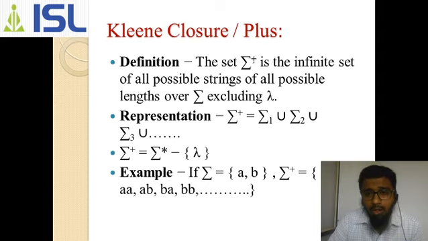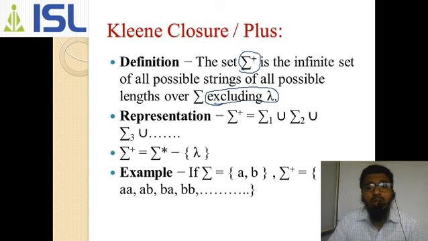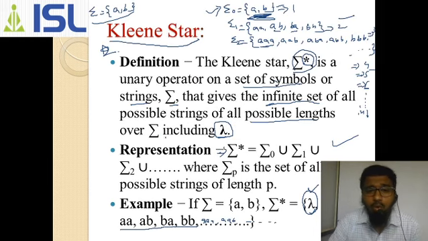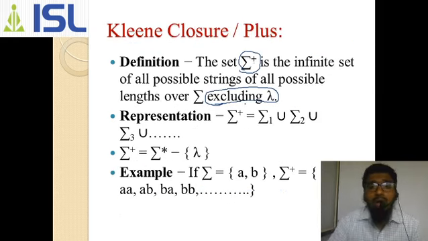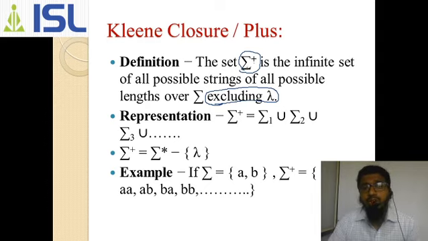Kleene plus is the infinite set of all possible strings of all possible lengths over sigma, excluding lambda, whereas Kleene Star is including lambda. The same thing is there, but the difference is that with sigma star you include lambda.